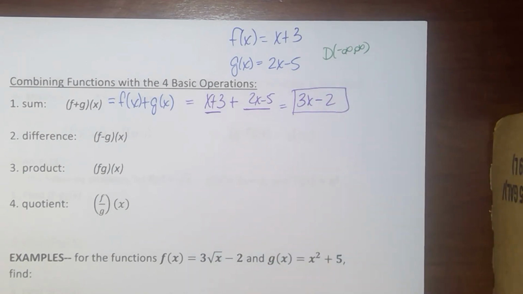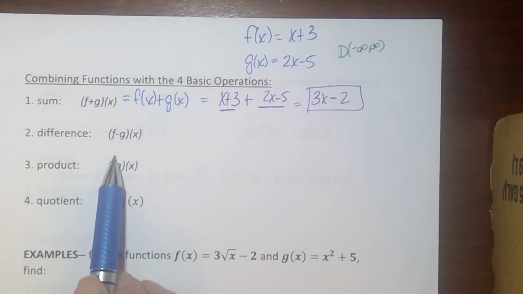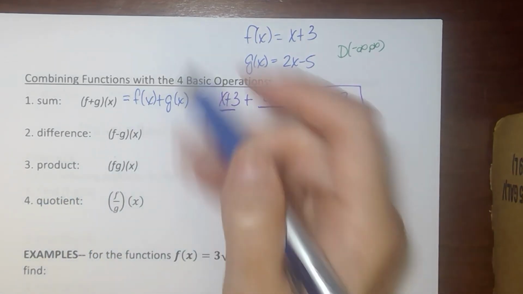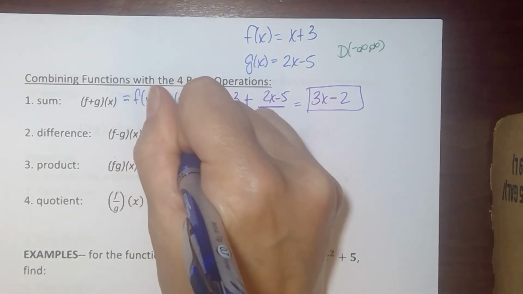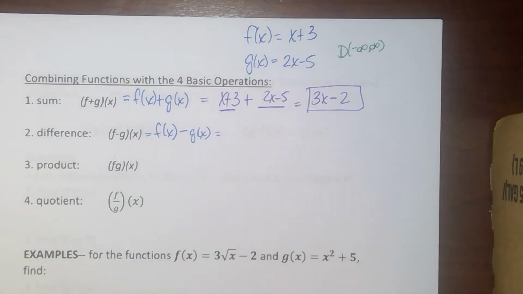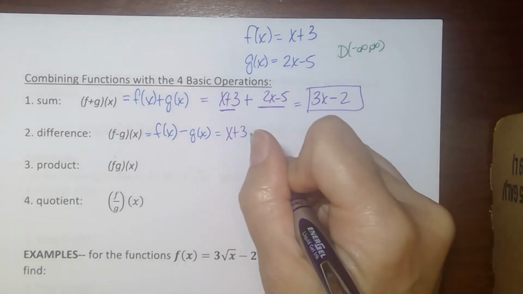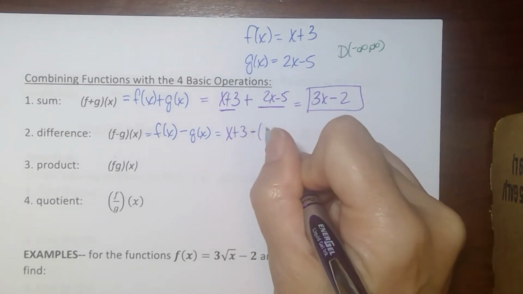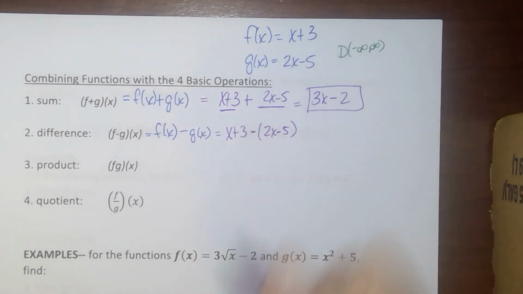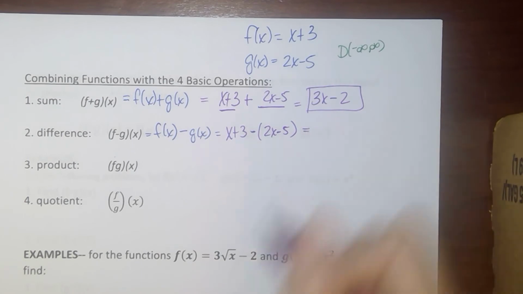Okay, let's look at finding the difference. The difference is the answer to a subtraction problem. So I'm working with f minus g of x, which is the same thing as taking f of x and subtracting g of x from it. When I do this arithmetic, I have my first function, x plus 3. I'm subtracting the next function, so I need to put that in parentheses to emphasize that I'm changing the sign on every term inside that function when I subtract it.